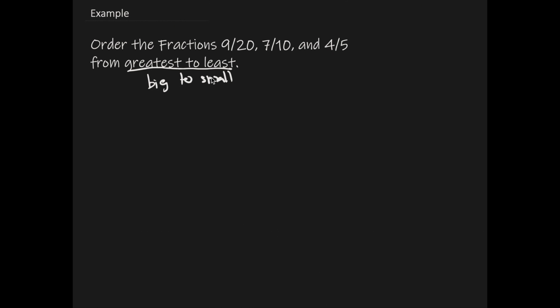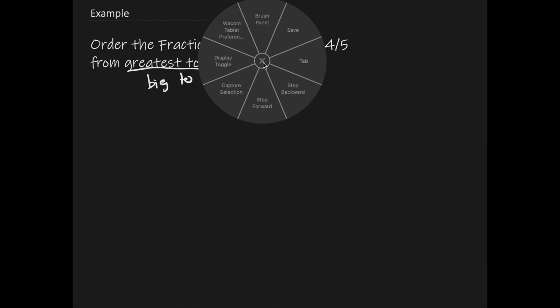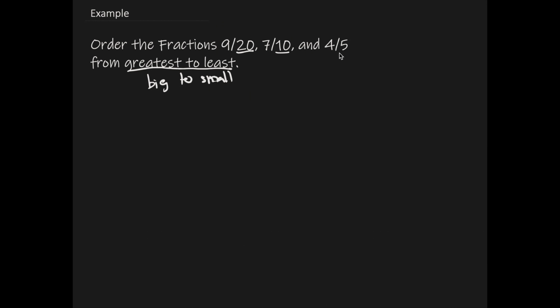Now if you remember, first we have to find the common denominator. Which one is the biggest denominator out of them all? We have 20, then 10, then 5. 20 looks biggest. Is 20 a multiple of 10?